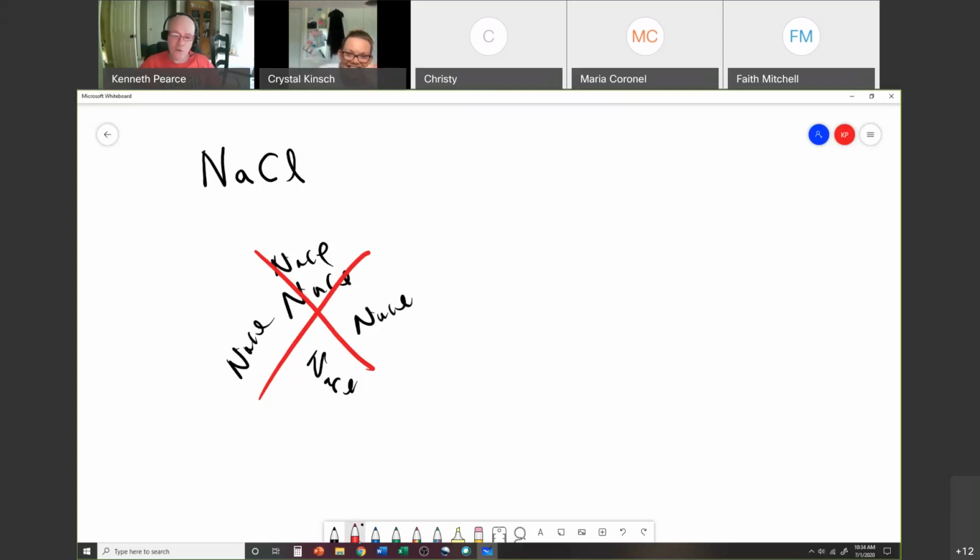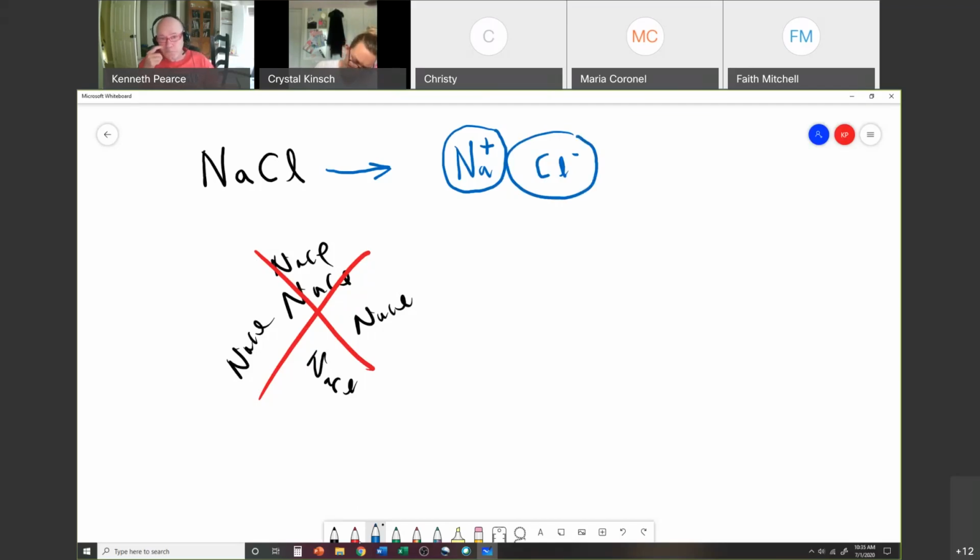What you really have is a sodium ion, a little ball, like a balloon animal, parked next to a chlorine. There you go, they're parked next to each other like that.